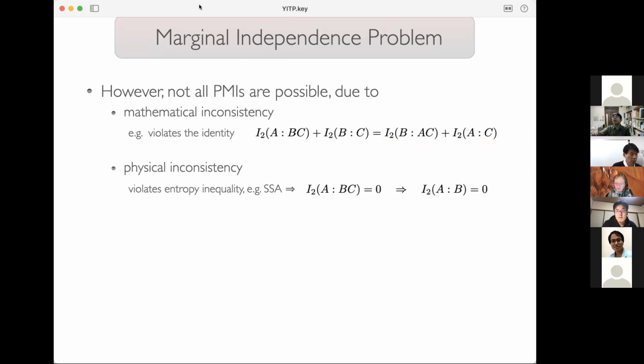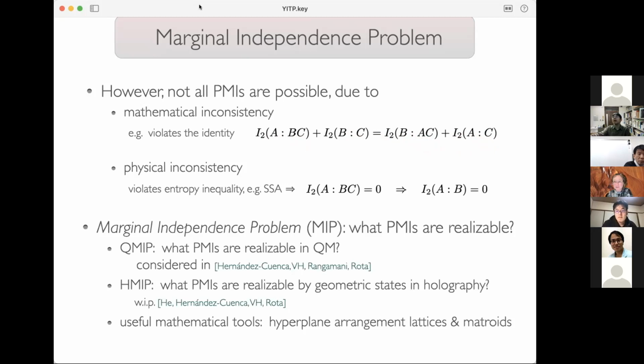The answer to this problem depends on what subsystem you're taking. The quantum marginal independence problem, we started describing in this work. What we're interested in here is the holographic marginal independence problem, namely which patterns of marginal independence are realizable holographically.